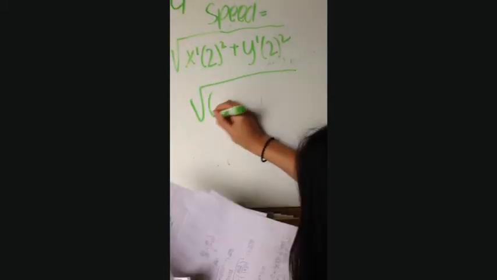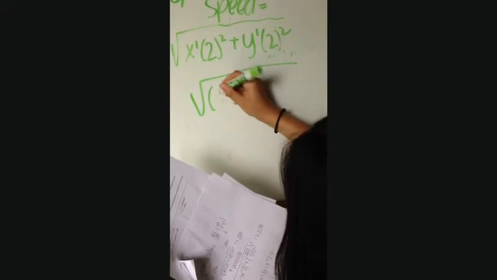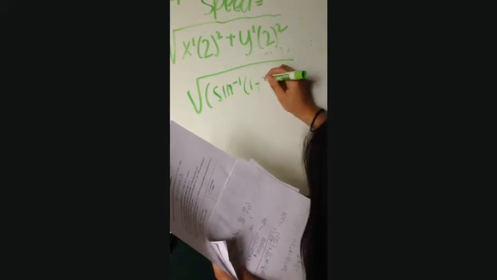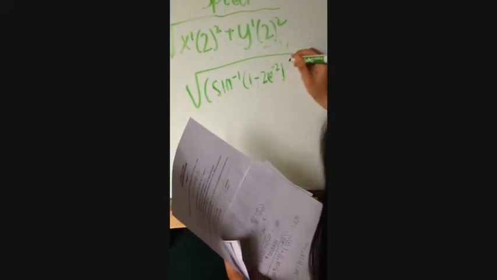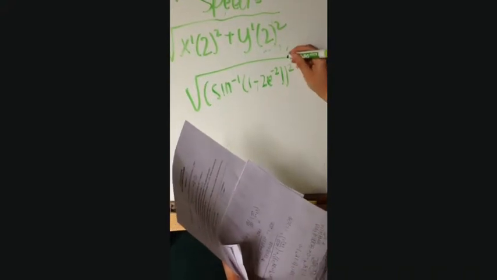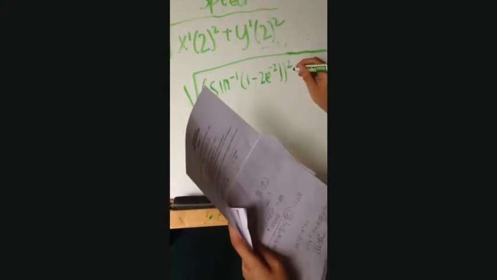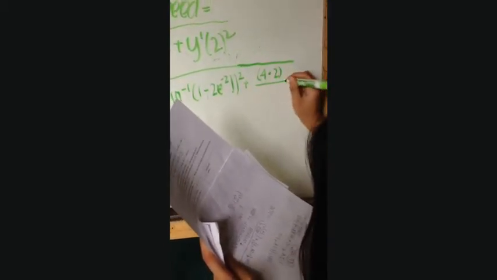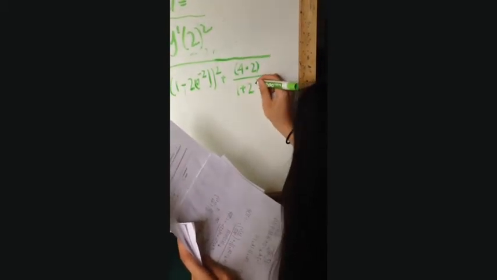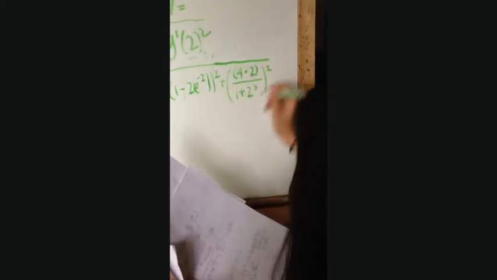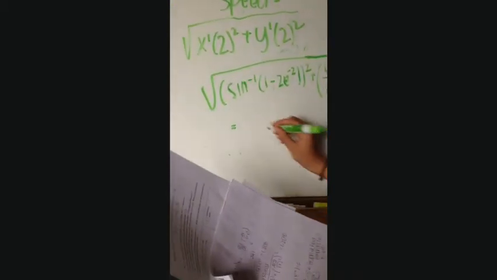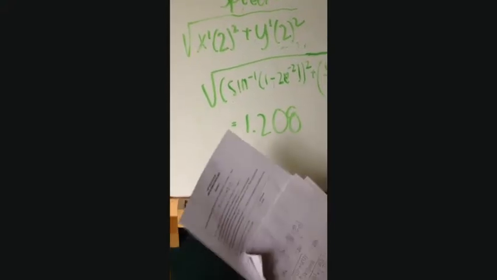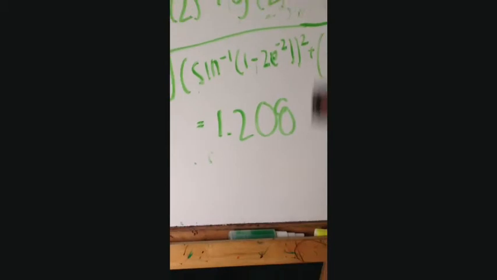So you should write arcsine of 1 minus 2e to the negative 2, squared, plus 4 times 2 over 1 plus 2 to the third, and that whole thing is squared too. And if you put that in your calculator, you should get 1.208. And that's how you do part A.